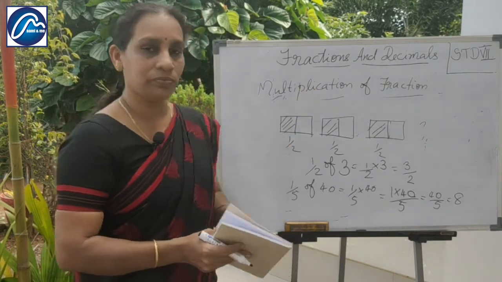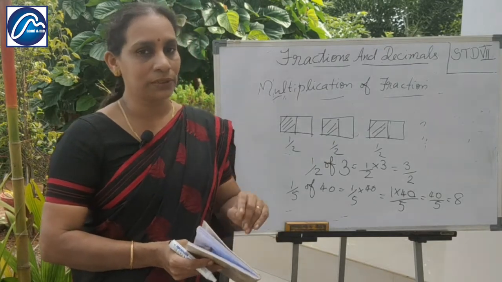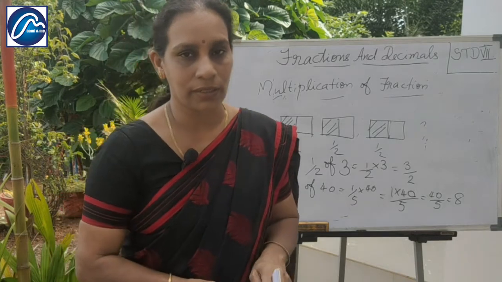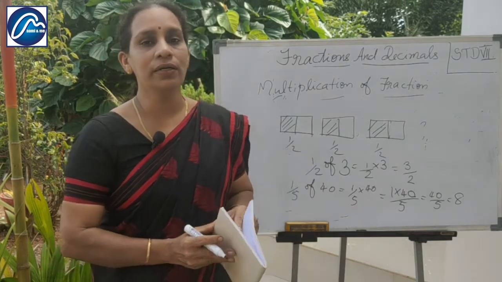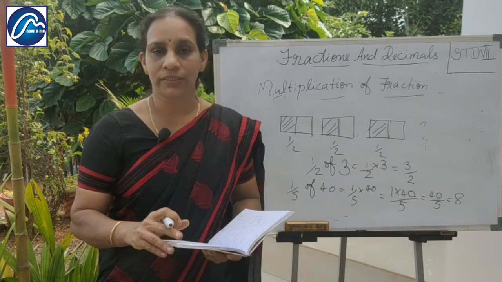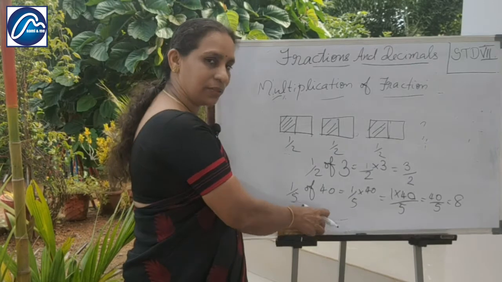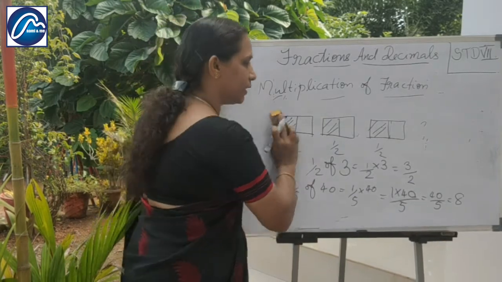Here we have multiplied a fraction with a whole number. Whole number means not a fraction, 1, 2, 3 etc., a counting number. And now you are going to multiply a fraction with another fraction. It is also easy. Fraction multiplication and division are easy.